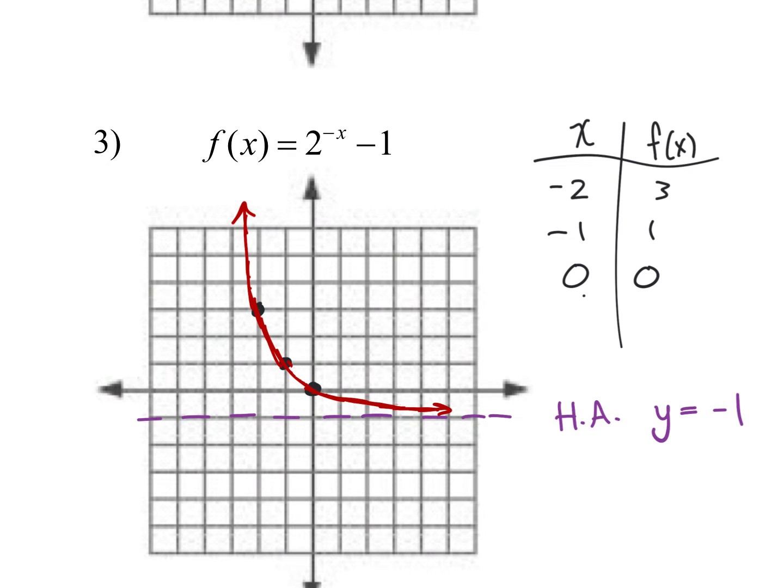That's going to allow me to get those integer values, get the shape of my graph, and I can set it up and go from there. When I plotted these points, I got negative 2, 3, negative 1, 1, and the point 0, 0. The vertical shift of negative 1 leads us to a horizontal asymptote of y equals negative 1.